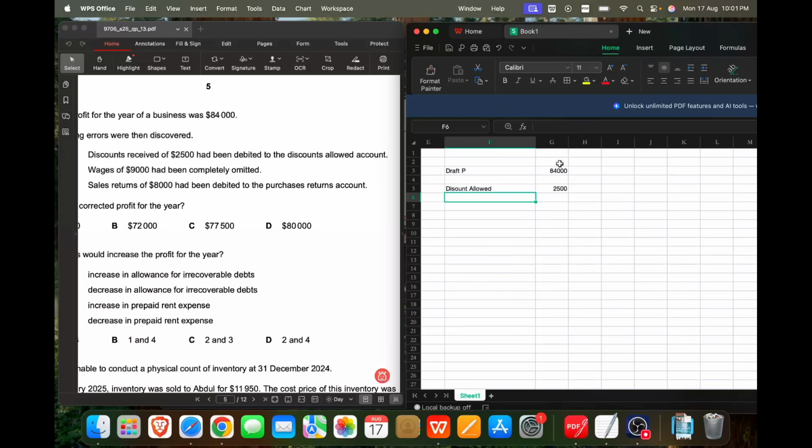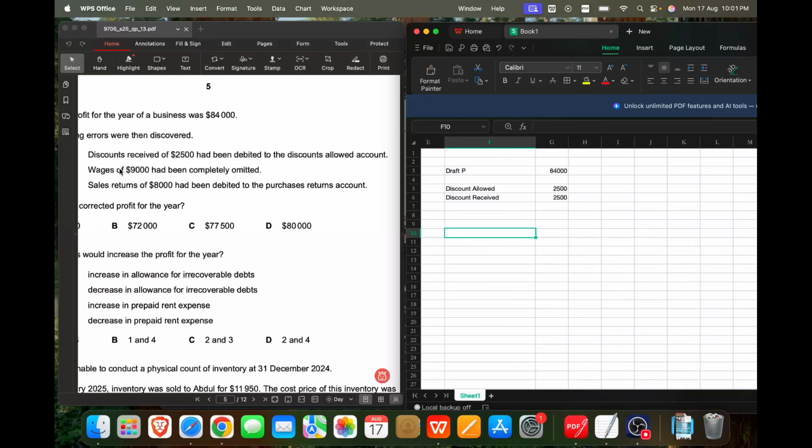Expense decreases, profit increases, and income increases, profit increases. Discount received 2,500. Discount allowed 2,500 and discount received 2,500. It will increase the profit.